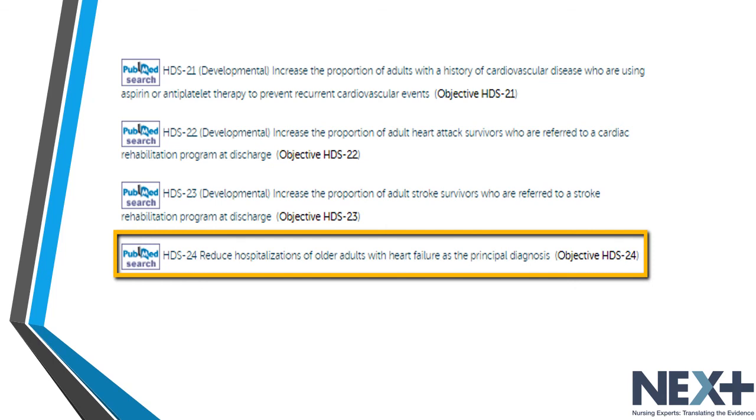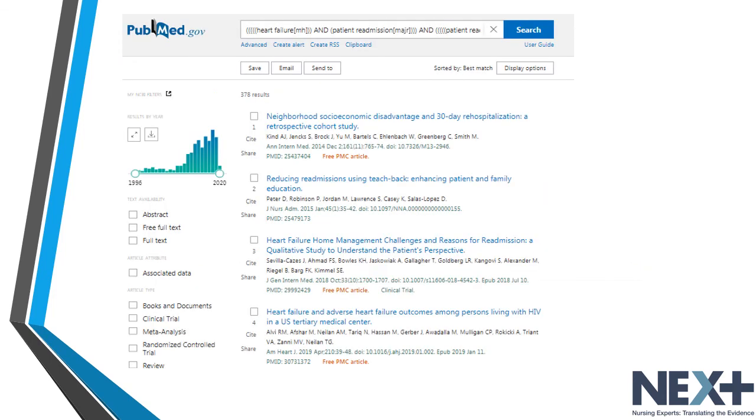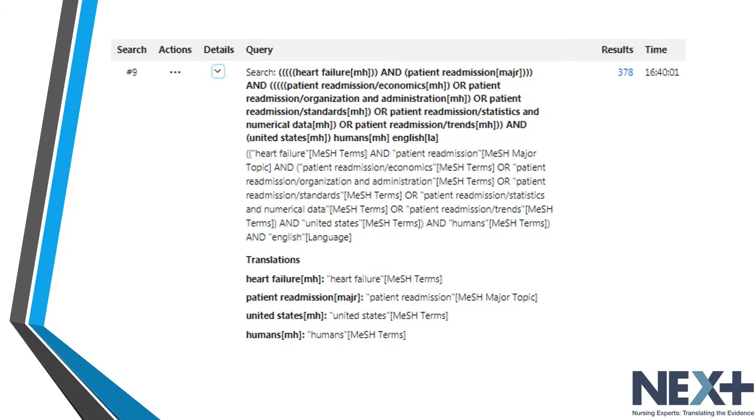Click PubMed Search and we will return to PubMed. Now we will see the search results. Looking at the search details, we can see how much work has gone into building this filter. Topic-specific queries can be great resources depending on your topic.